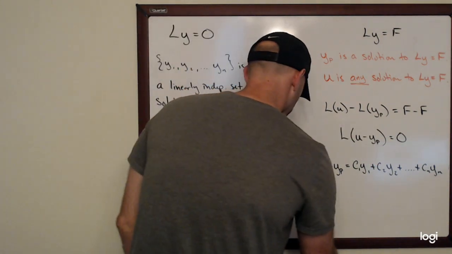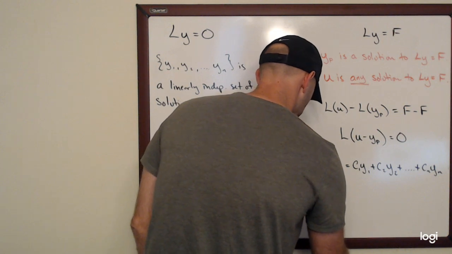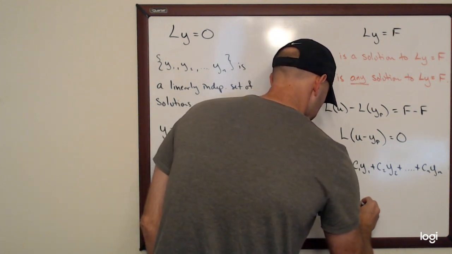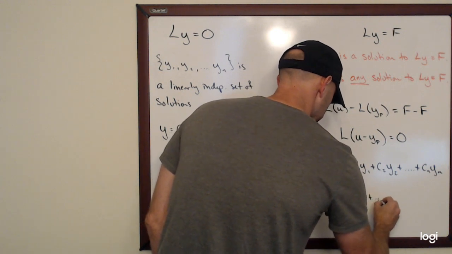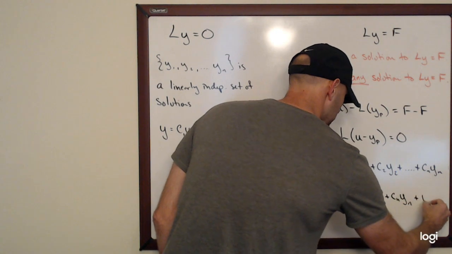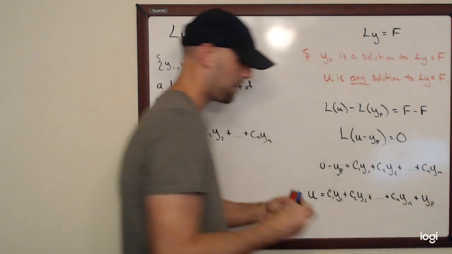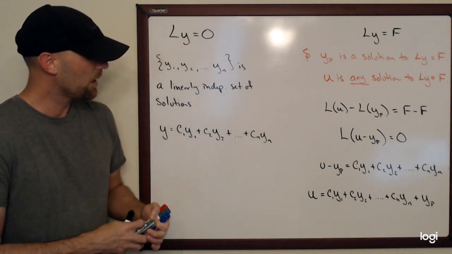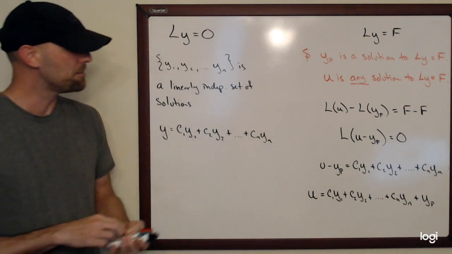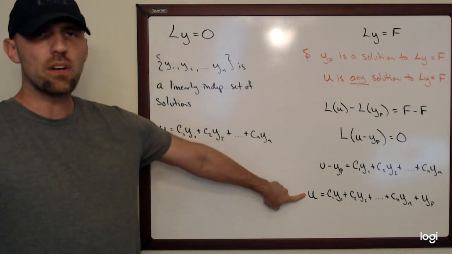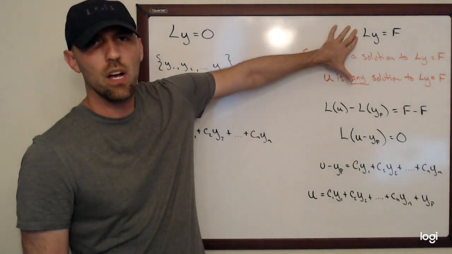But if I just rewrite this, I can see that U then can be rewritten as c1 y1 plus c2 y2 plus cn yn plus y sub p. So if I look at what I have here, this is just the general solution for this particular differential equation.